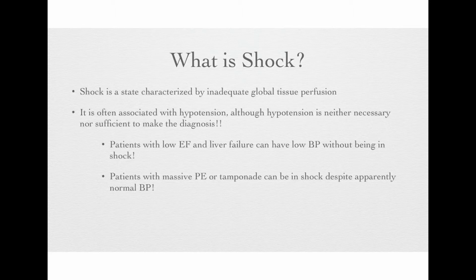However, hemodynamically, a drop in the blood pressure is the most significant indicator that the tissues are being underperfused. And so it's important to keep in mind this formula that gives us a relationship between the mean arterial pressure, or MAP, the central venous pressure, or CVP, the cardiac output, and the systemic vascular resistance.